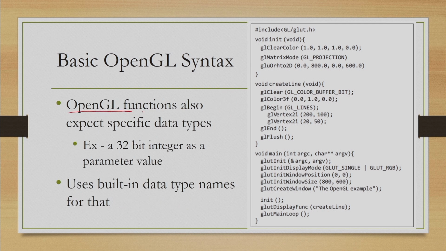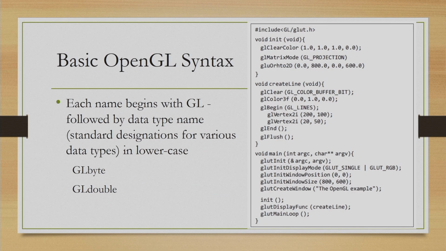Also, the OpenGL functions expect some specific data types. For example, 32-bit integers as a parameter value, and these functions use built-in data type names for that. Each of these names begins with GL followed by the data type name.